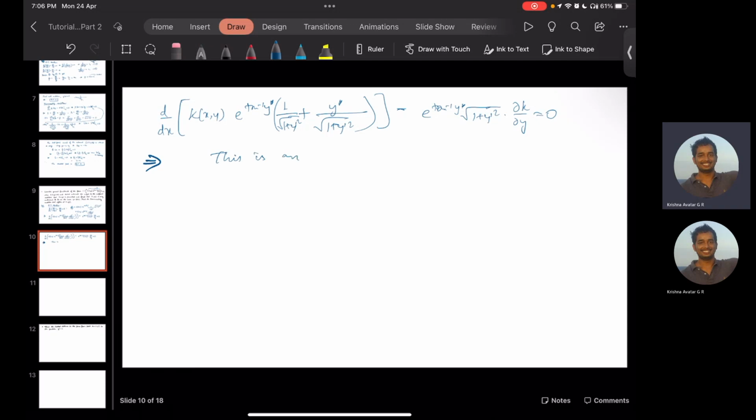This is an implicit differential equation.